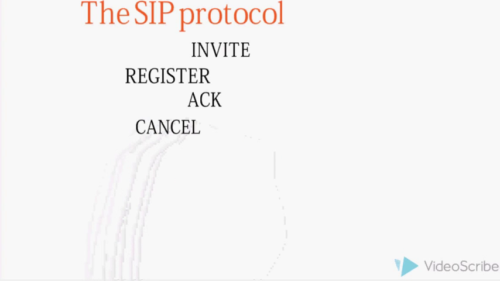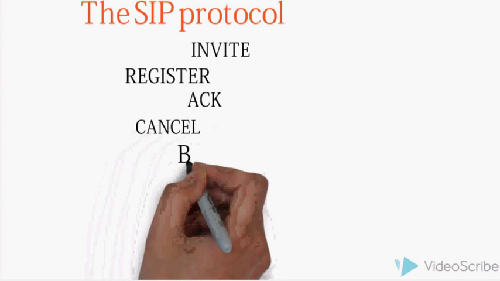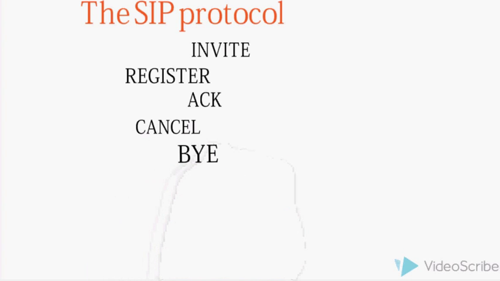Cancel. The cancel method cancels an existing invite message. A user agent can send a cancel request to terminate a previous valid request. We have bye. The bye method hangs up an existing VoIP call or session.